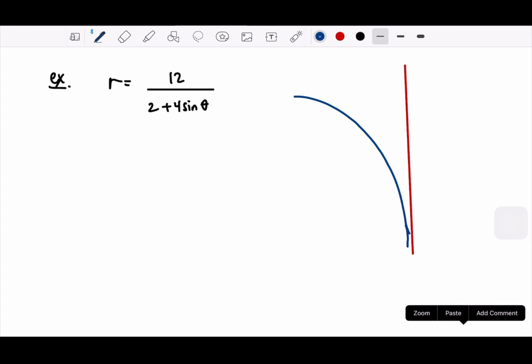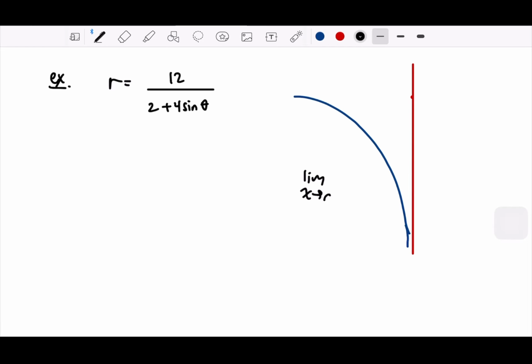The vertical asymptote, we can think of this when you have some x limit approaching a. Maybe this is 1 over x, and this turns out to be plus or minus infinity, okay?